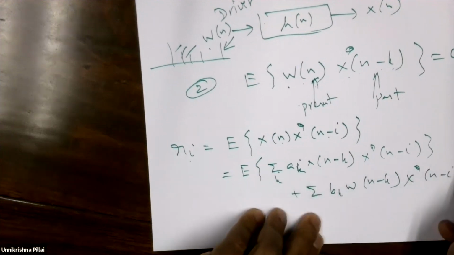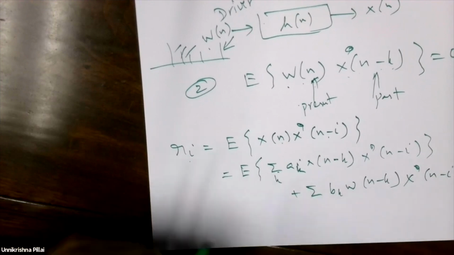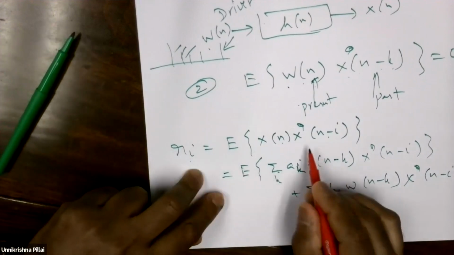And there is an expected value on both. So just to save space, the expected value comes and sits here.